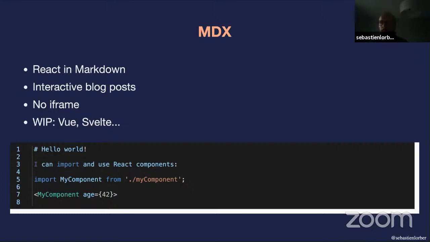For example, it's very popular across the Gatsby ecosystem and the Next.js ecosystem right now because it allows you to embed interactive code inside the blog post. Unlike other alternatives like CodeSandbox and things like that, you don't have to use an iframe. You really embed the React code directly in your blog post. So this is interesting to build interactive content.